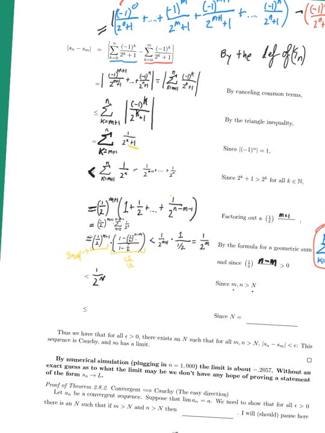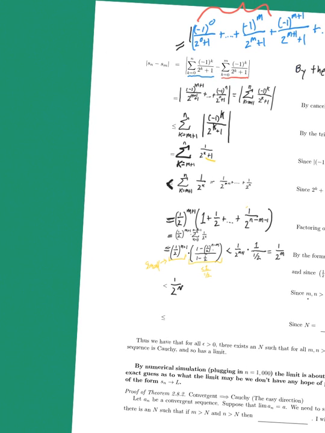But you know the game now. Once you get it down to a formula that just has a big N in it, now I know what to do off to the side. So here, I'll do this off to the side. I need to solve 1 over 2 to the big N equals epsilon. And there's more than one mindset that one could take here.